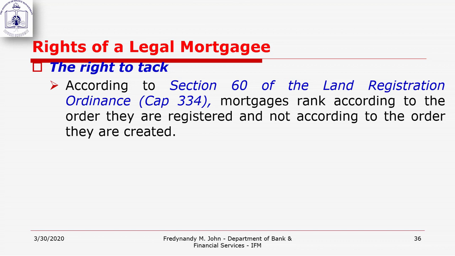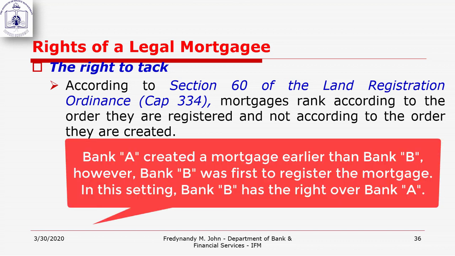Now, suppose further that Company C defaulted on its obligation to both banks. It comes to a time where both banks want to realize their funds from the mortgage property. Now, remember, the mortgage property is exactly the same for both banks.